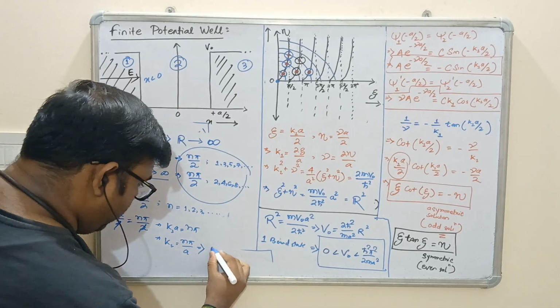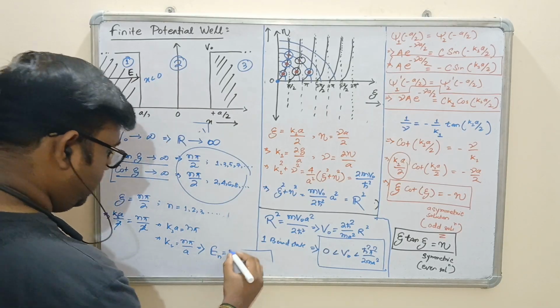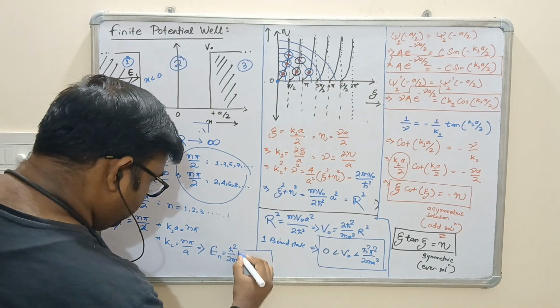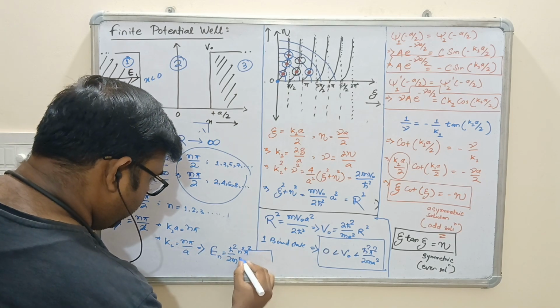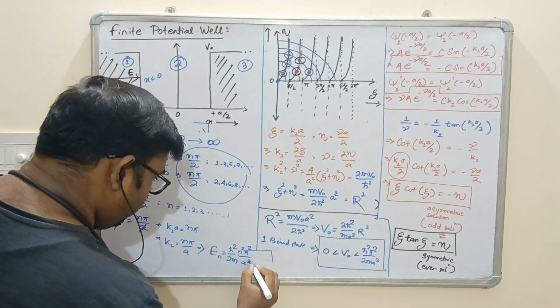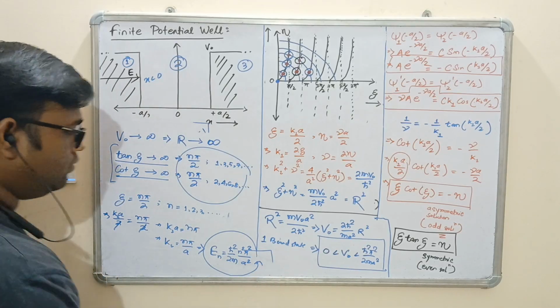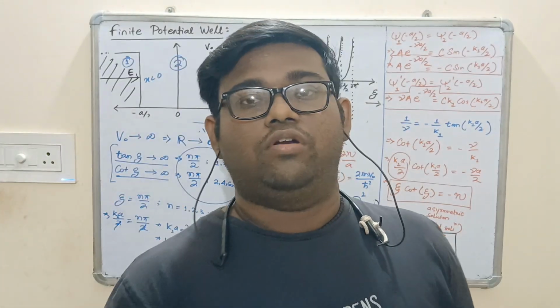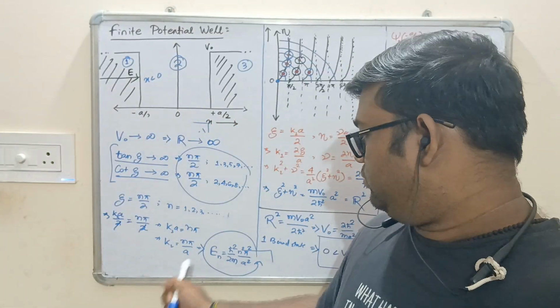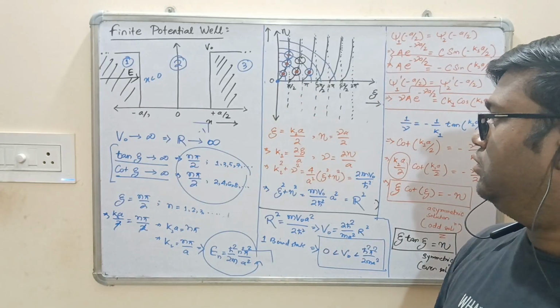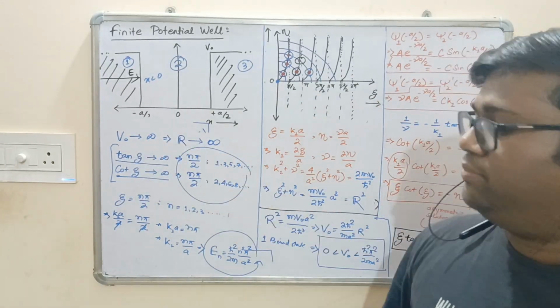Now what is the condition of energy? h bar square by 2m into k square, where k square is n square pi square divided by a square. Isn't it our energy solution for the infinite potential well? The same thing can be derived from this equation also, using this condition.